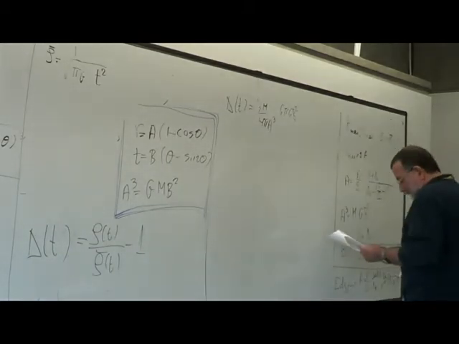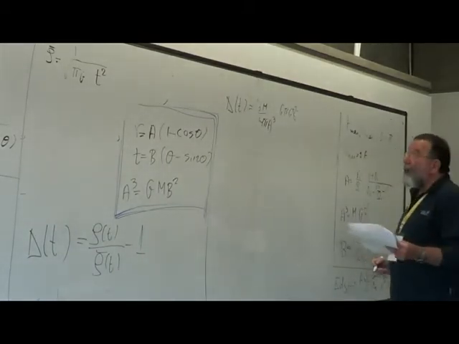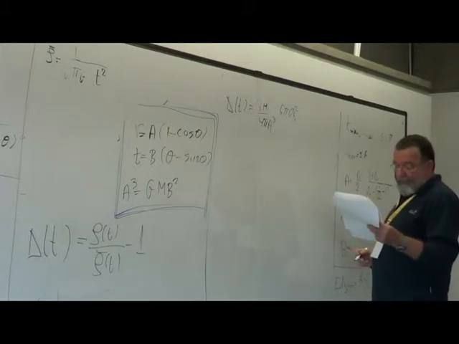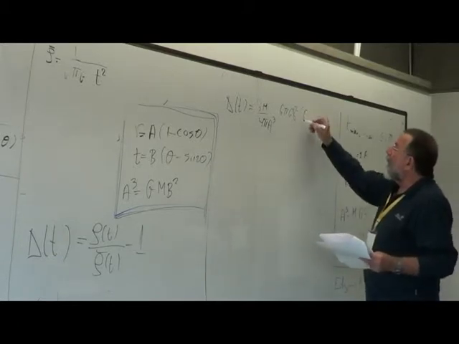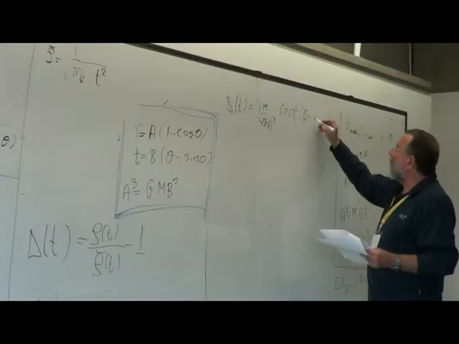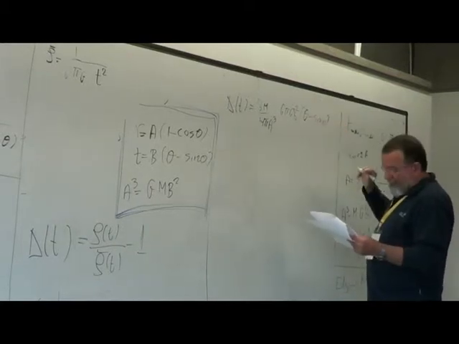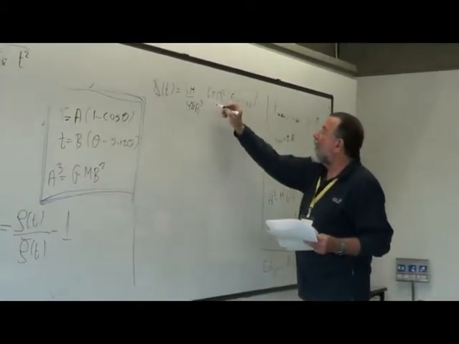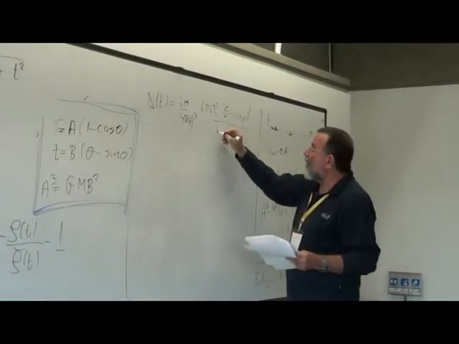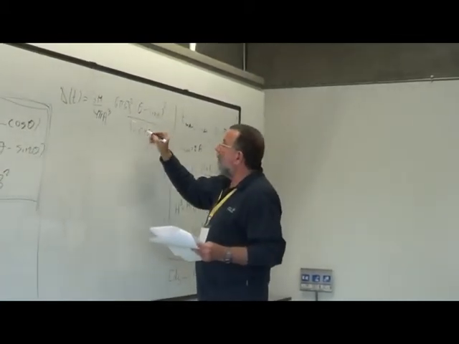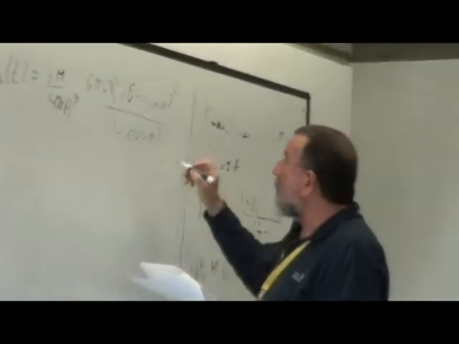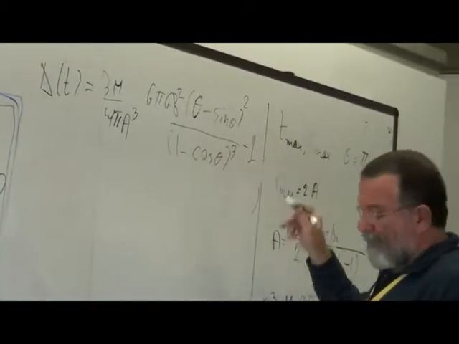So when I'm calculating all of it together, I have 6 pi G b squared times theta minus sine theta squared divided by 1 minus cosine theta cubed, all of it minus 1.